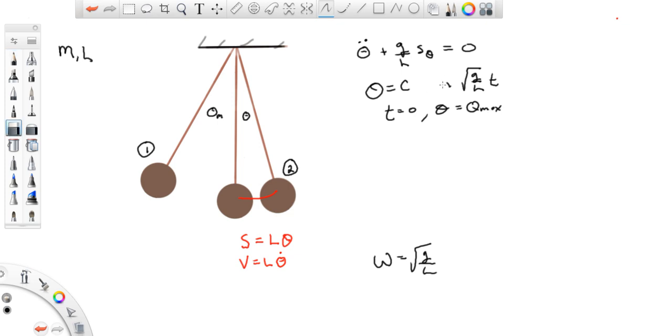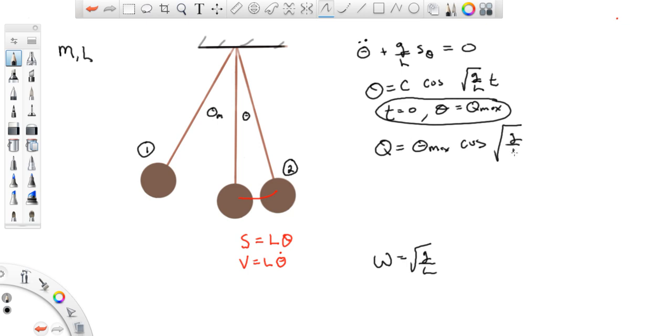It wasn't the sine we were keeping, it was the cosine. My bad. When we make this substitution, we get that C is equal to theta max. So theta max cosine of root g over L times t. This one has a cosine type of solution, just like the last one I looked at.